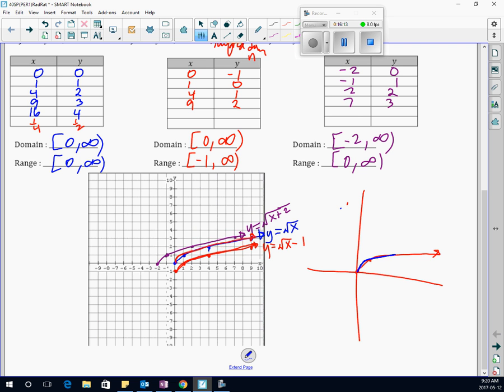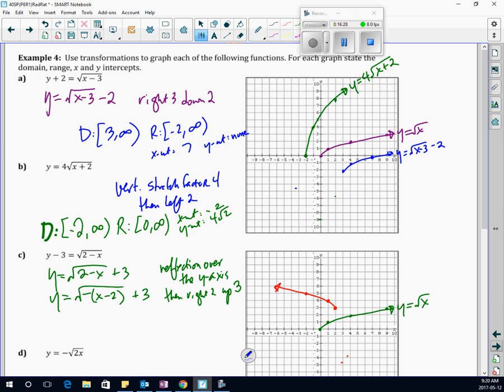So then it goes like that. So just be careful when you draw your square root graph. It's not diagonal, it's above the diagonal, and then it goes below. I know it sounds picky, but that's what they want to see there.